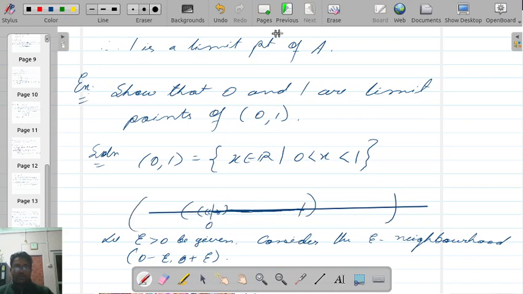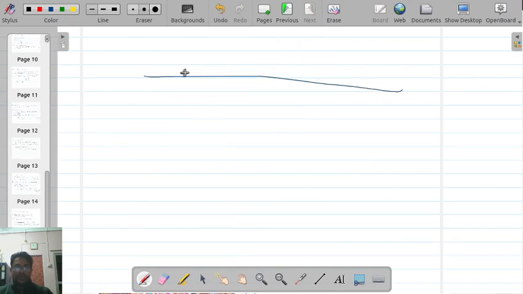One way of doing it is this: I have taken the interval 0 minus epsilon to 0 plus epsilon, and I take epsilon by 2, and I claim that epsilon by 2 is a point inside the set 0 1. Okay, but that may not happen always, because somebody may choose epsilon to be very large, say something like 4. In that case epsilon by 2 is not inside the set 0 1.